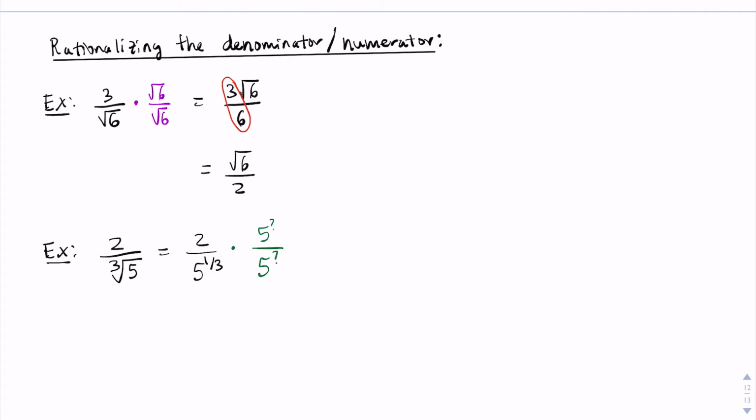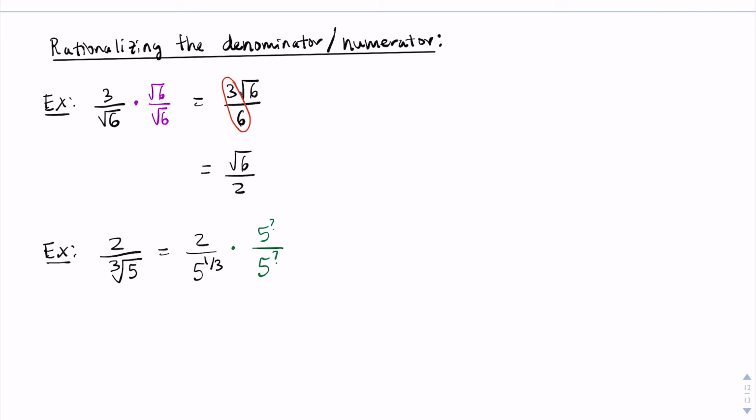You want to raise 5 to some power, so that this and this right here will give you 5 to the 1, for example. So 5 to the 1/3 times 5 to the what will give you 5 to the 1?